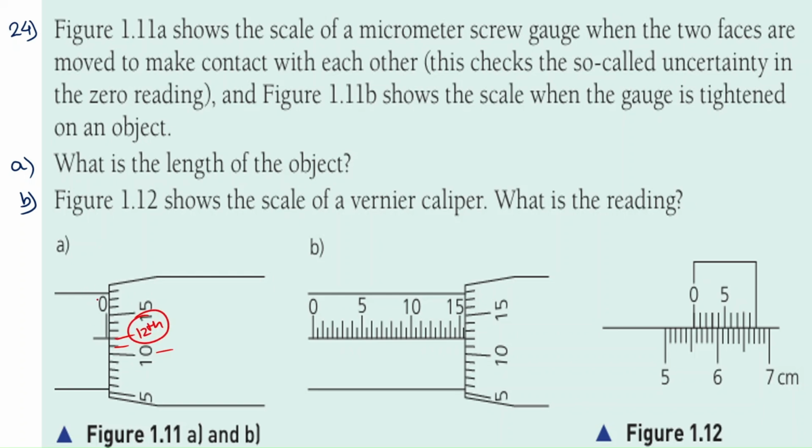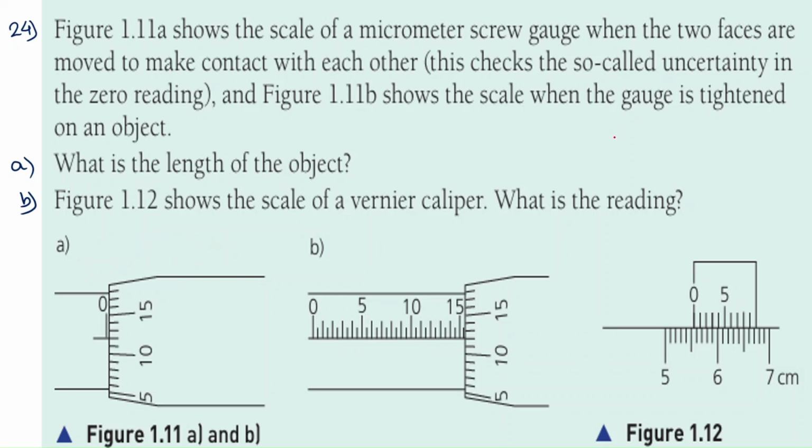So the main scale zero reading coincides with the 12th line of the vernier scale. From that you can say it contains some error. Is it a positive error or a negative error? Let me explain.